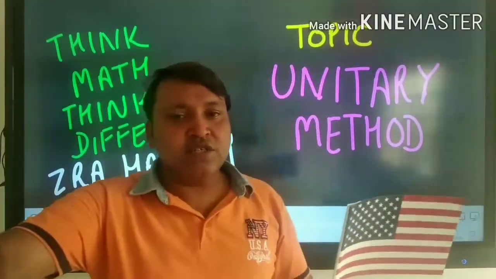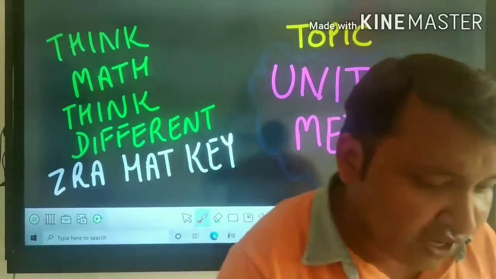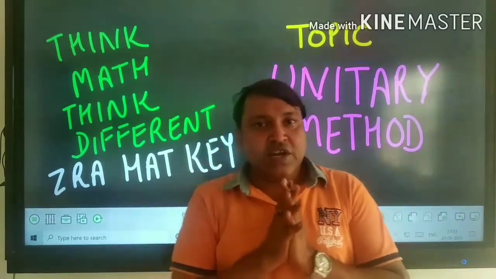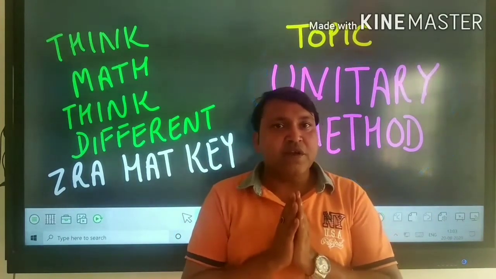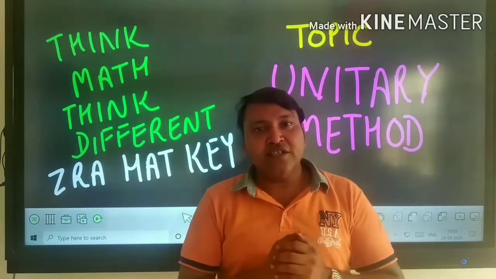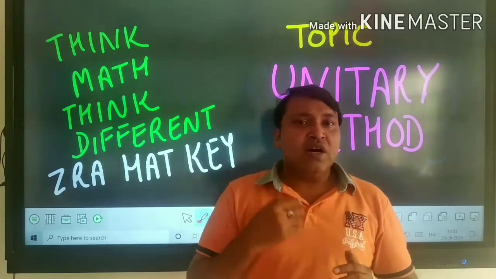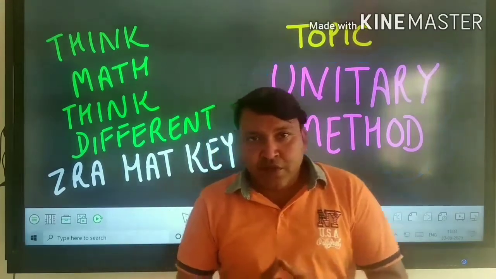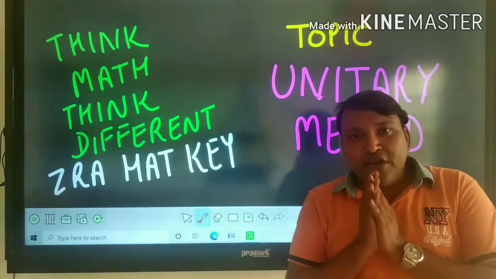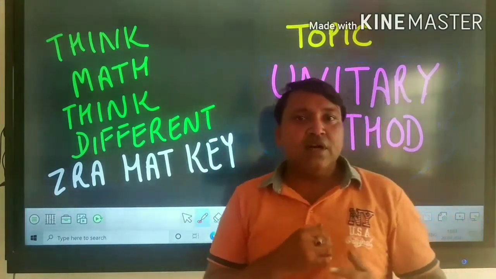So student, this method is called the unitary method, where firstly the cost or the value of the one unit is found and that is used to find the required value as per the question. So how this is applicable in the question we will learn in this video.